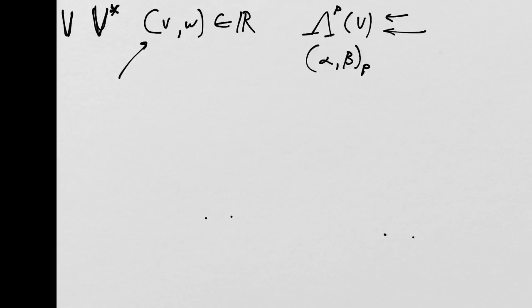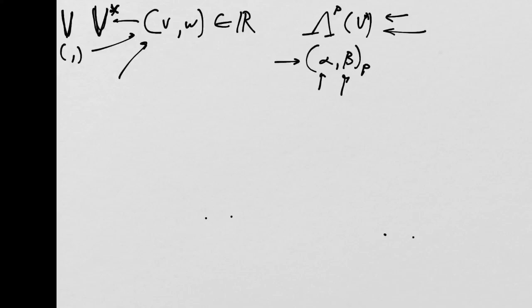We have an underlying vector space with an inner product, which of course induces an inner product on the dual space. And once you have that, you will ultimately end up with an inner product on the exterior power of the space of all P forms, okay? And that inner product we're going to call this with a P. So alpha is a P form and beta is a P form.